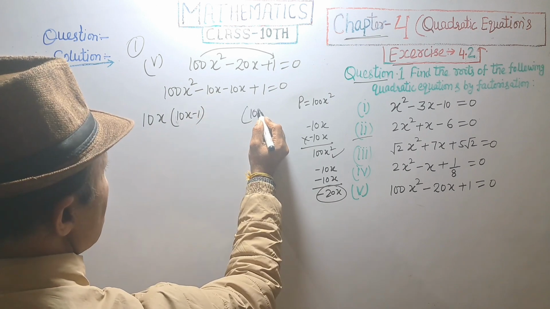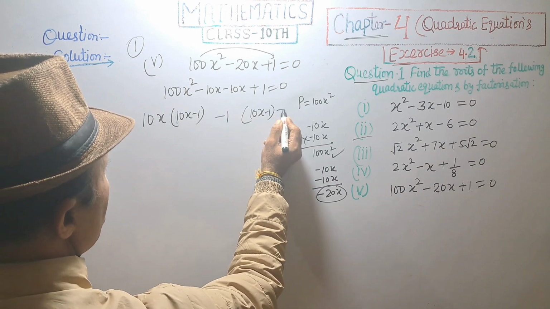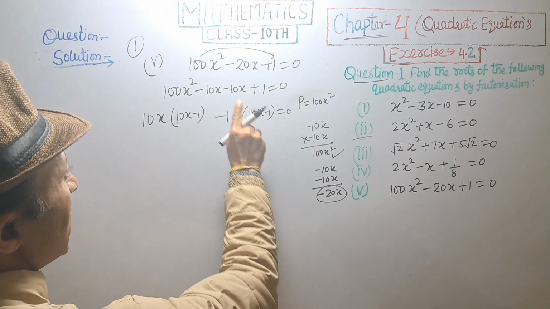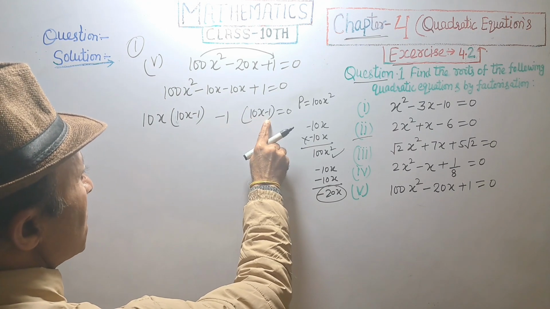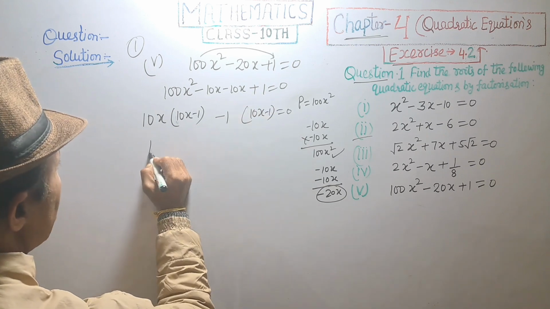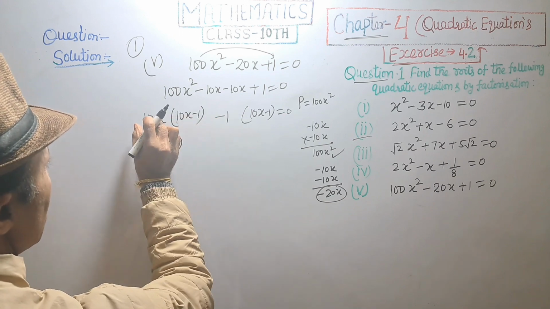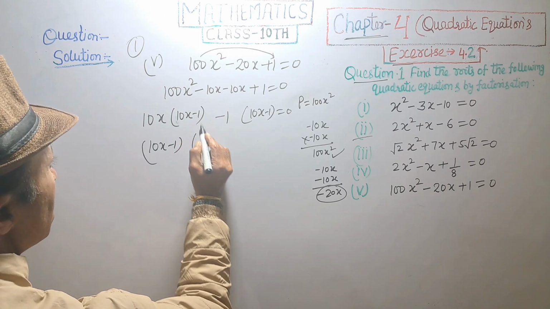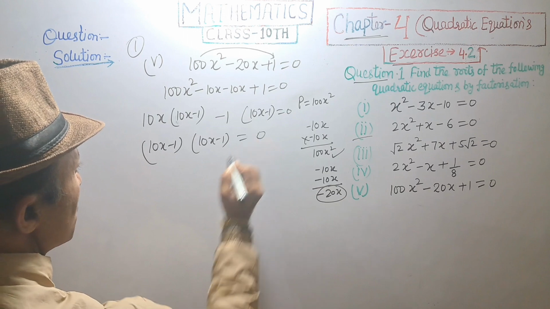Here in bracket 10x minus 1, and minus 1 is common. Minus 1 multiplied by 10x is minus 10x, and minus 1 multiplied by minus 1 will be positive 1. So the factoring is correct, and we take (10x minus 1) one times and (10x minus 1) one times equal to 0.